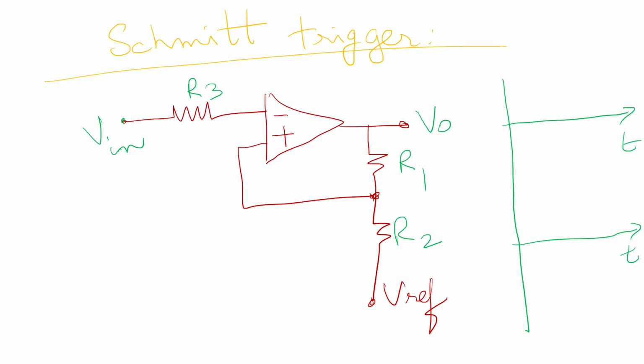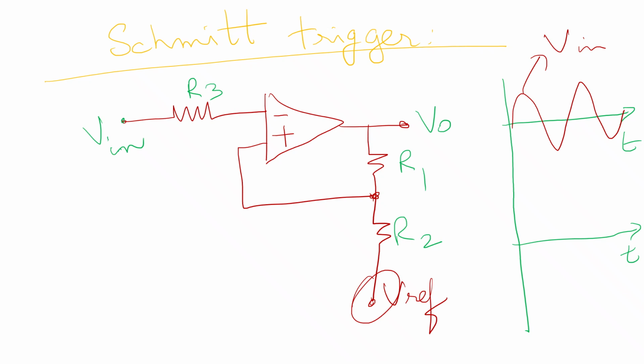But every time the input voltage exceeds the reference value, it will be swinging between two levels, the upper threshold voltage and the lower threshold voltage. So here I assume this is the input signal Vin, the reference voltage along with the resistors R1 and R2.